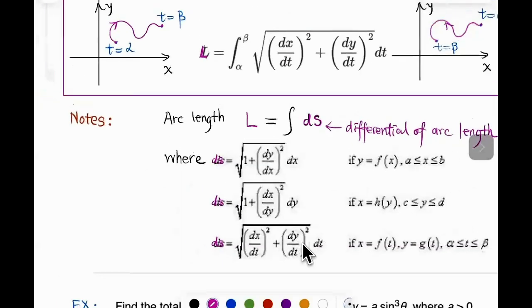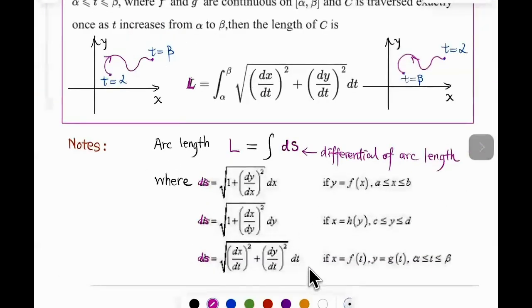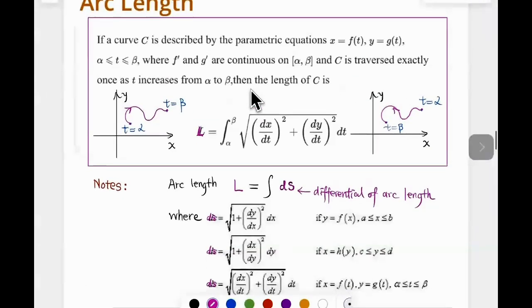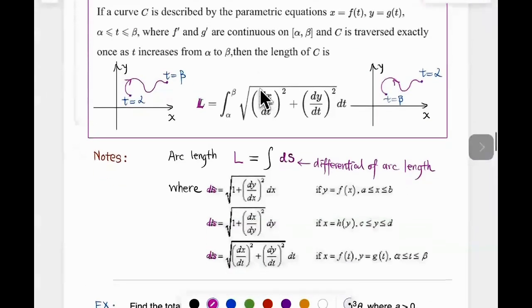So you see the similarity between these three, right? There's dx, dy, and dt. Actually, if you square this and distribute inside the square root, you all get dx squared plus dy squared inside the square root, right? So the arc length function for a parametric curve is going to be like this.